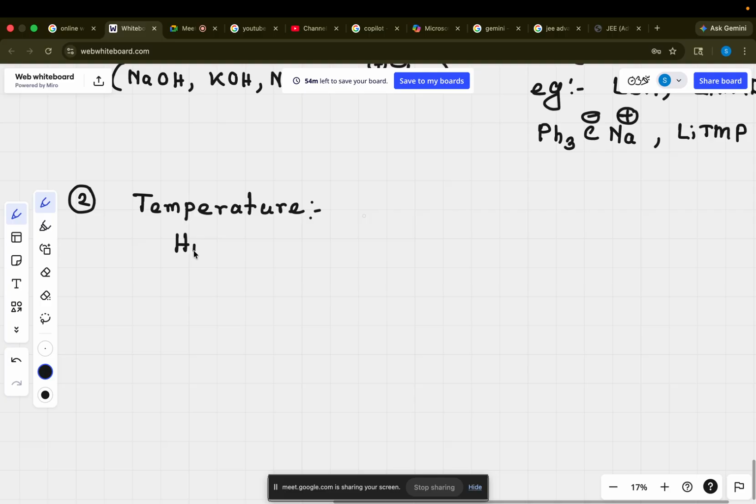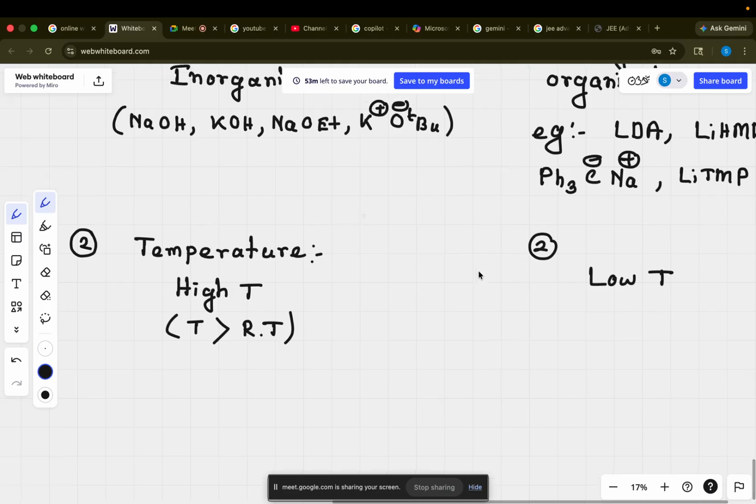If you are providing high temperature, generally a temperature greater than room temperature, greater than 25 degree centigrade, so if you are providing 30 degree, 40 degree, 50 degree, that is basically high temperature. High temperature favors your thermodynamic enolate, and for kinetic enolate you have to provide low temperature.